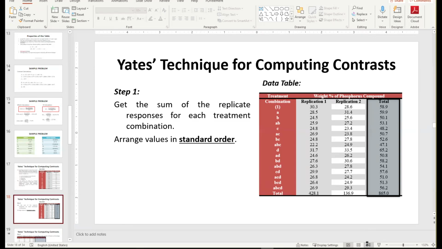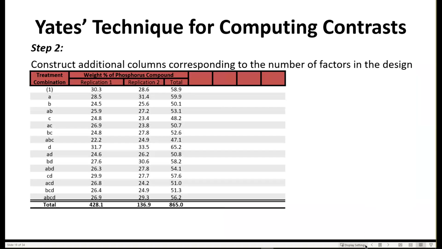So, the way it works is, with the table of signs, first get the total, then set up a number of columns equal to the number of factors. Okay? So for example, we have 4 factors, A, B, C, and D. Therefore, we add 4 additional columns.